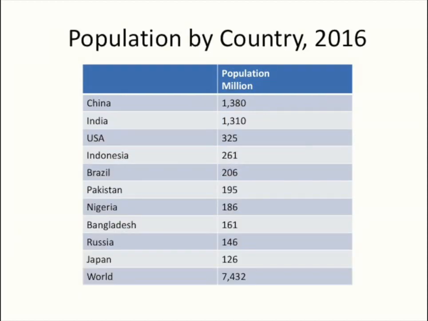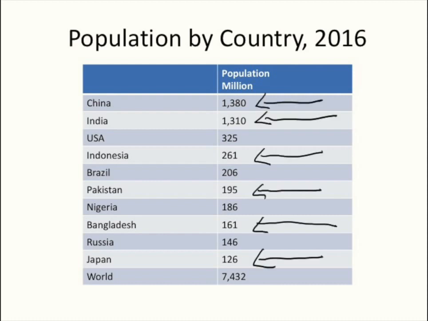Here are some more population statistics, but this time we're going to do it by country. You will see that the USA, 325 million people, is the third country on the list. But I want to point one other thing out here. I have just put arrows next to the countries that are in Asia, and you can see that there are six of those countries.